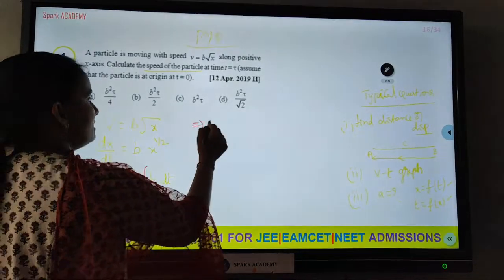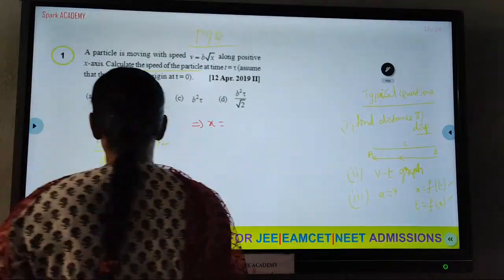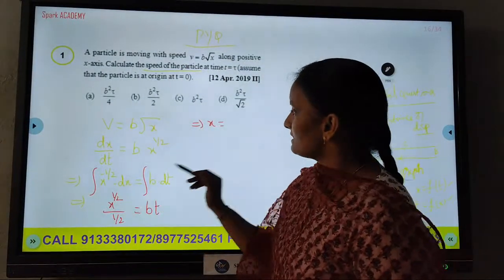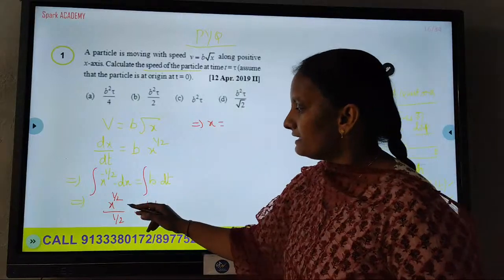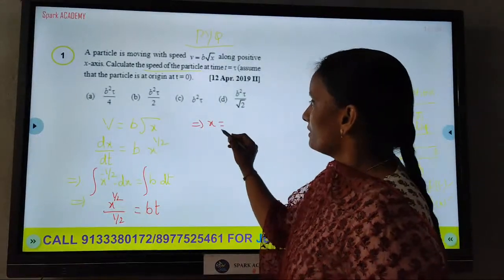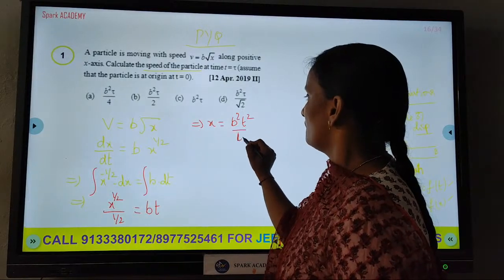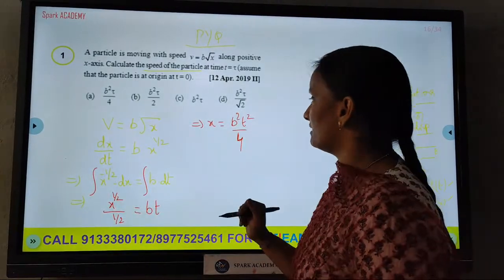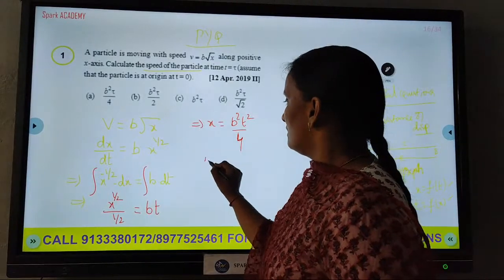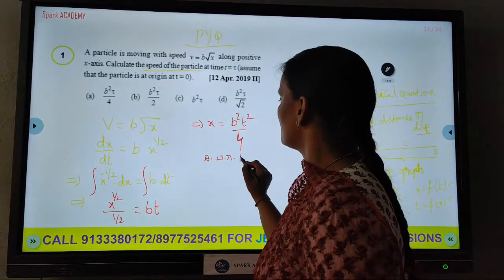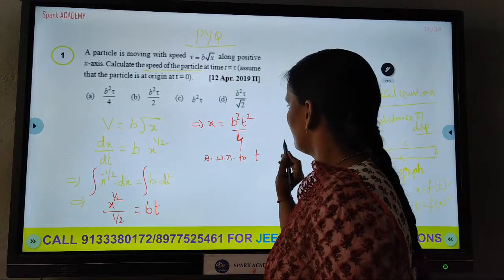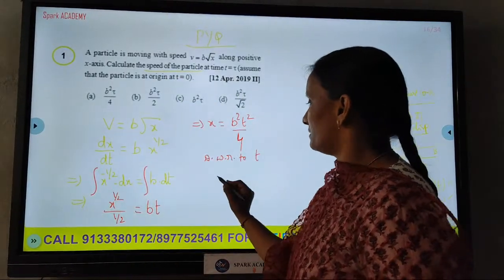From this, find the position first. x power 1 by 2 means root x, so x becomes b square t square by 4, as 1 by 2 squared comes here. Now differentiate with respect to time, because you need to find the speed of the particle.